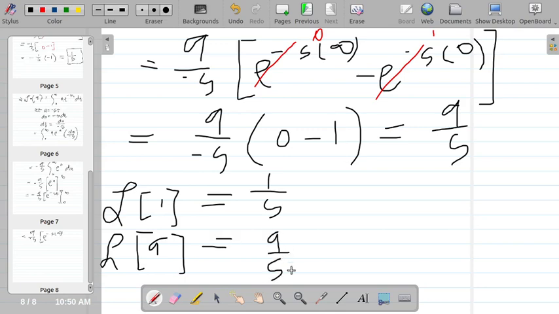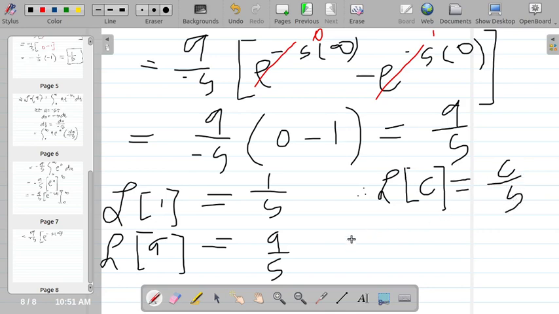So, therefore, we can conclude that the Laplace transform of any constant is just equal to the constant over s.